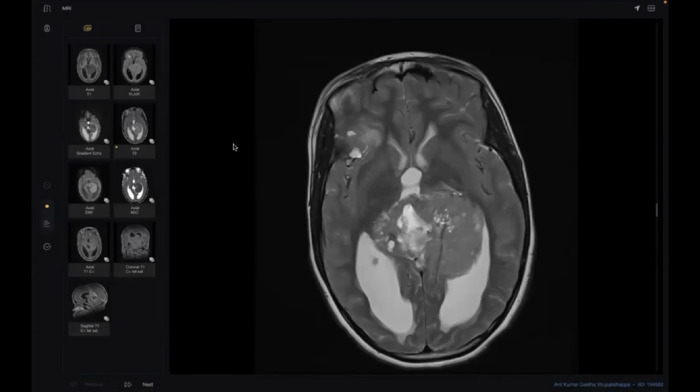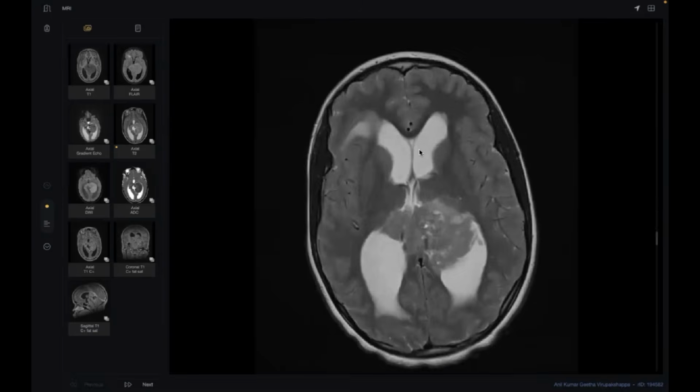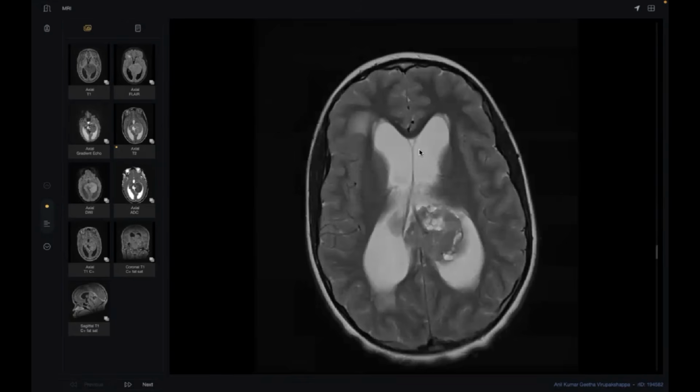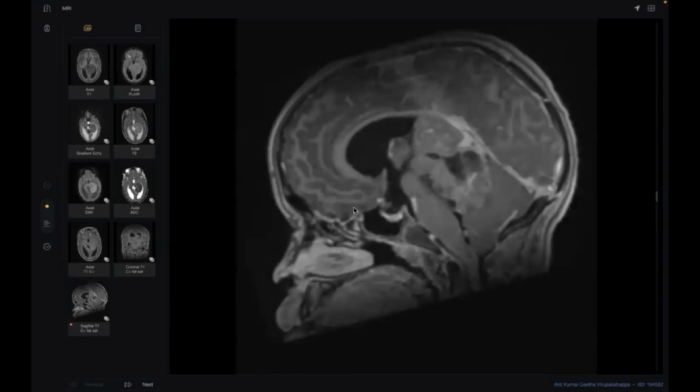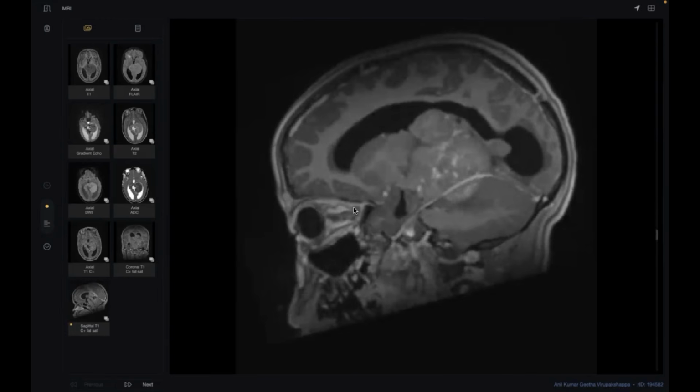It is intraventricular, so choroid plexus carcinoma is less likely. However, I can appreciate certain other areas of similar signal intensity in the right frontal lobe, into the right frontal horn, and I would like to look at the sagittal imaging if available to confirm the extension of this mass.